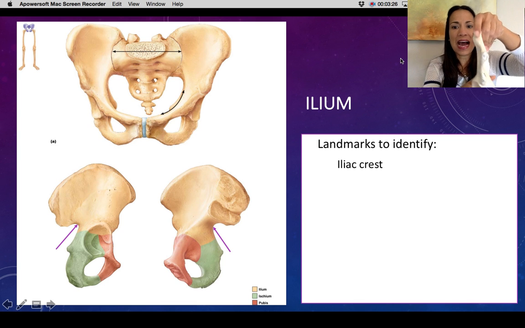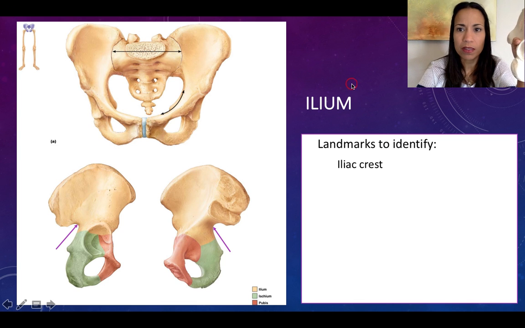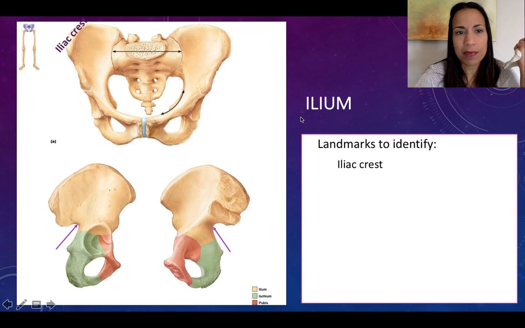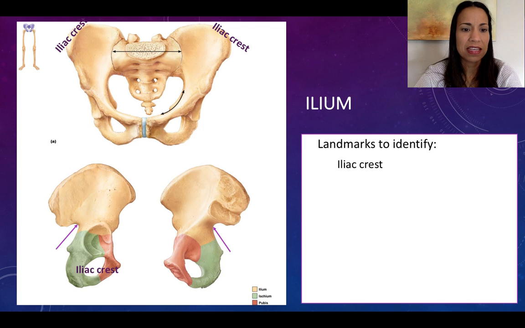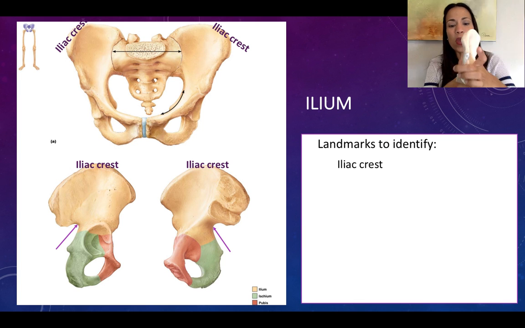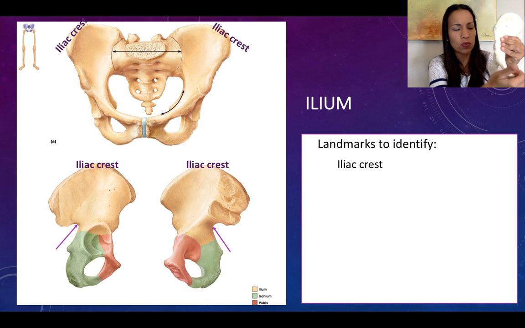Now, I want you to follow. Let's see in here in the picture, the iliac crest on the articulated pelvis. This in the lateral view, and the iliac crest in the medial view. Now, remember, we know already how to get oriented with this bone, right?